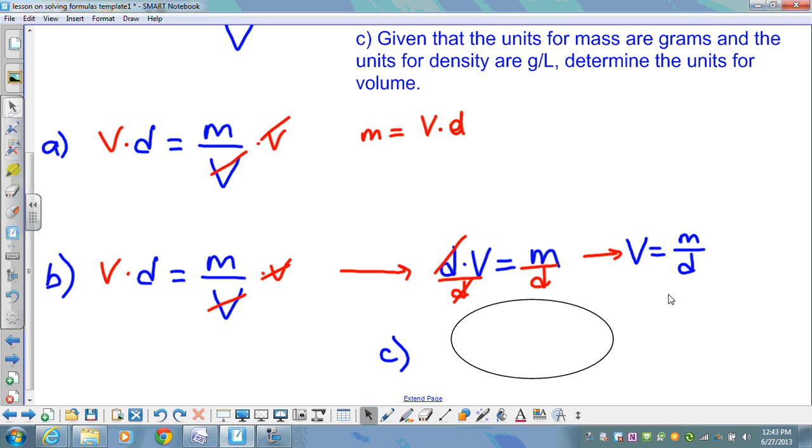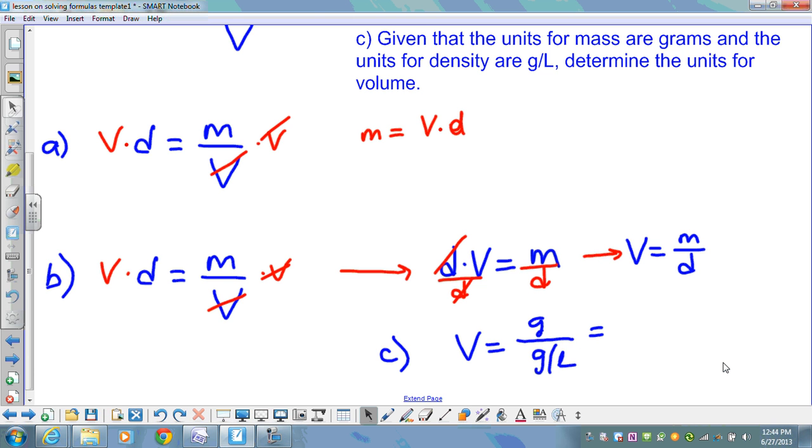And in part C, we're supposed to place the units and determine the units for the volume quantity, given that mass is in grams and density is in grams per liter. So how do we determine the units for the volume quantity? So again, we begin by substituting for mass. We substitute grams, and for density, the given units were grams per liter.